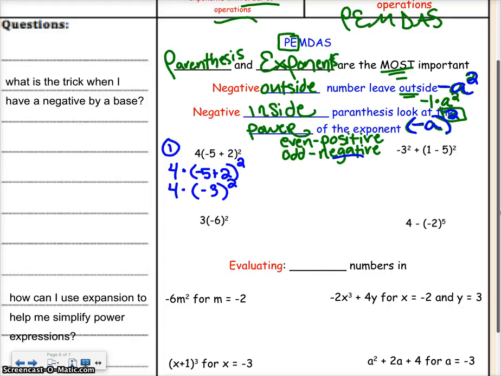So what you're going to see me do today is evaluate my negative-based powers to the side, and then I bring it back into the problem. So negative 3 squared, that means that it travels along with it. Remember that from yesterday. If the negative is inside parentheses, it goes along with the power. So this is negative 3 times negative 3, which is a positive 9. So this turns into 4 times 9, which is 36.